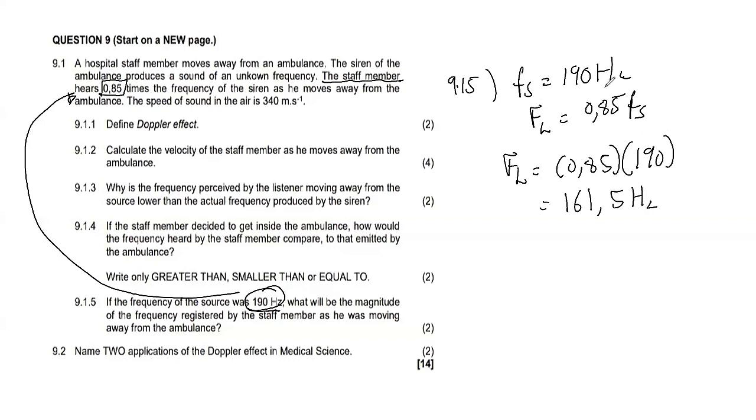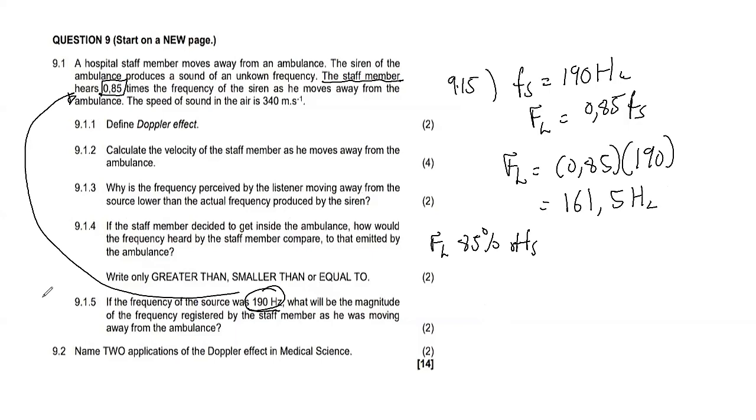Remember, the 0.85 is telling you that the frequency heard by the listener is just 85% of the frequency of the source. So the listener hears 85% of the actual frequency emitted by the siren. So the 85% is being represented by 161.5 hertz. So understand that.